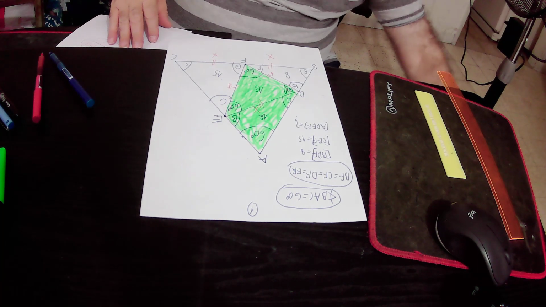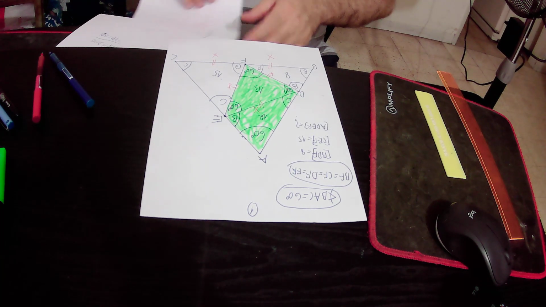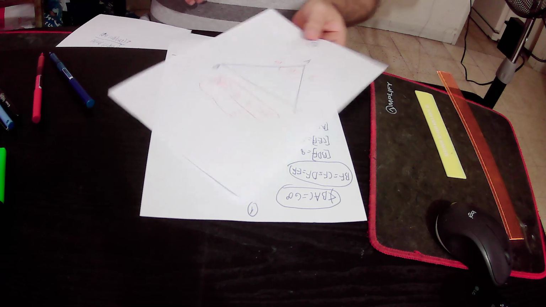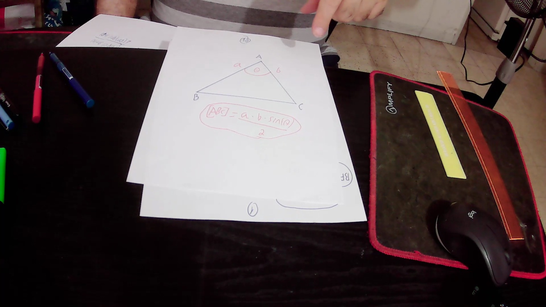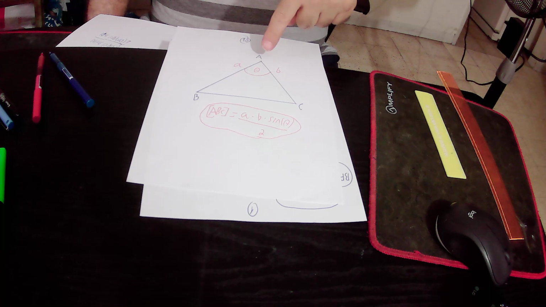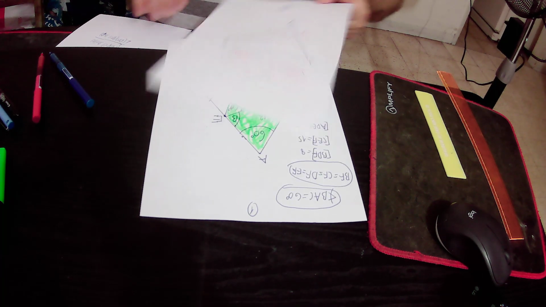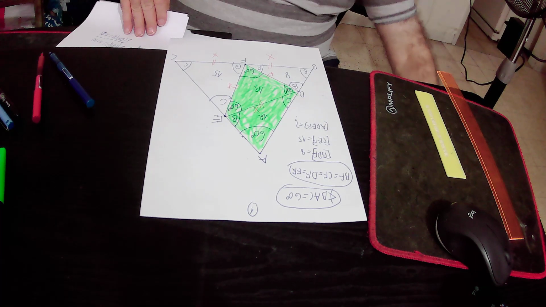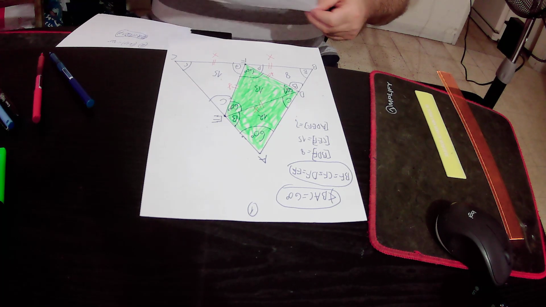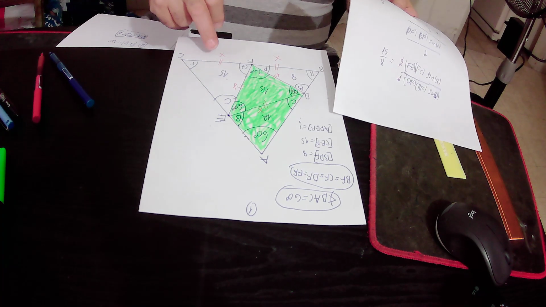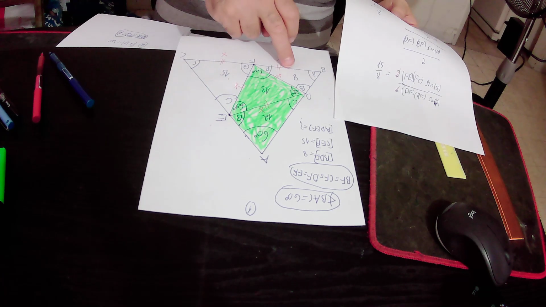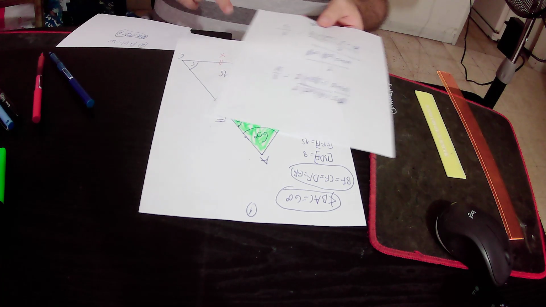We know that I presented to you a new formula for the area of any triangle. The area of any triangle equals a times b times sin theta over 2. Then we have 15 over 8 as the relationship, the area of the big triangle over the area of the small triangle.